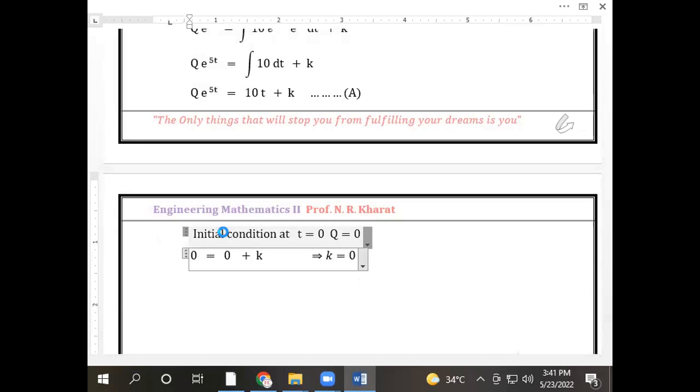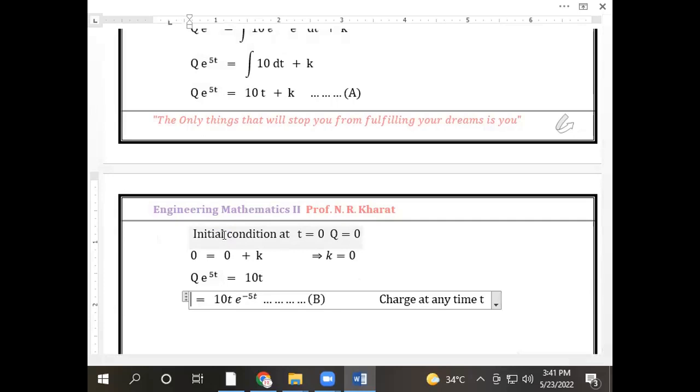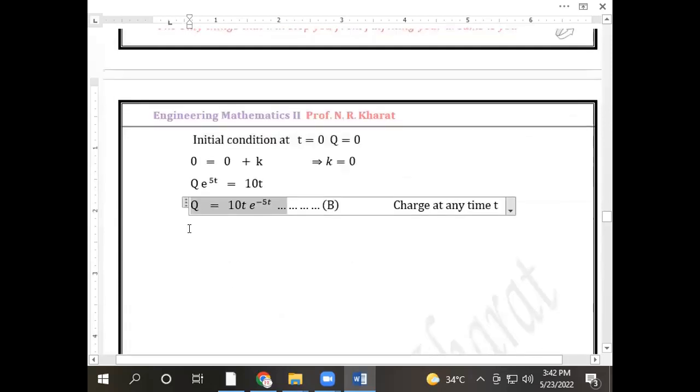The equation becomes q e raised to 5t is equal to 10t, and so q is equal to 10t e raised to minus 5t. This is the value of the charge at any time t.